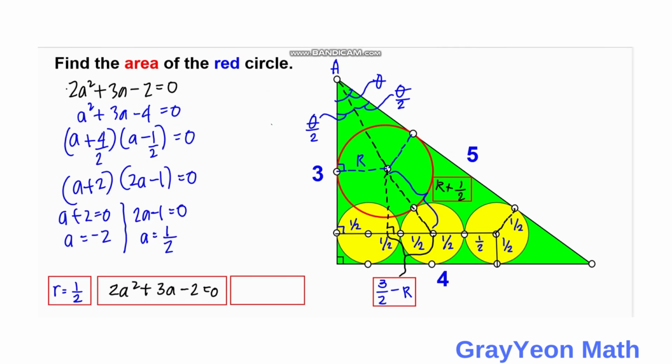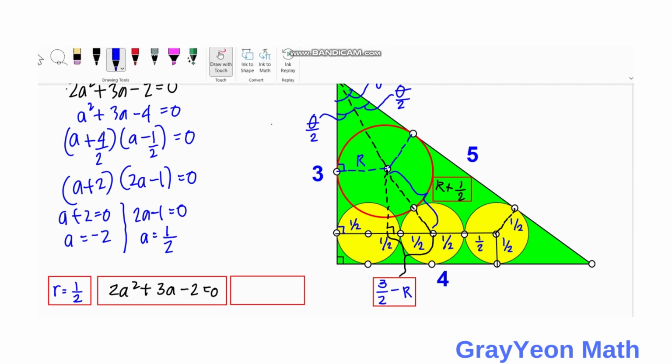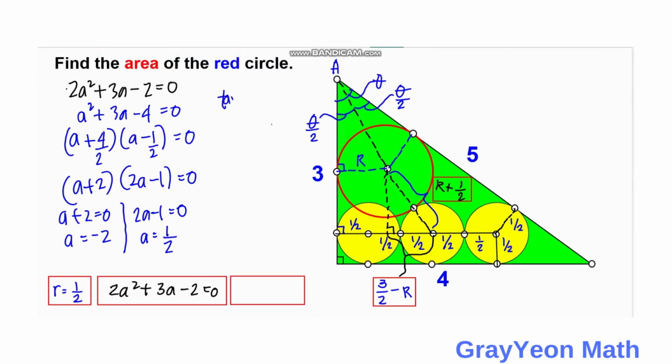Okay, so since we have the value of tangent theta over 2, tangent theta over 2 is equal to 1/2. And therefore, if we isolate this triangle, then this should be r, and this is theta, and this is the 90-degree angle.